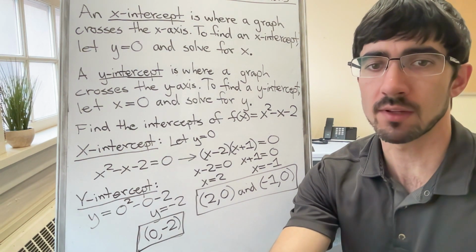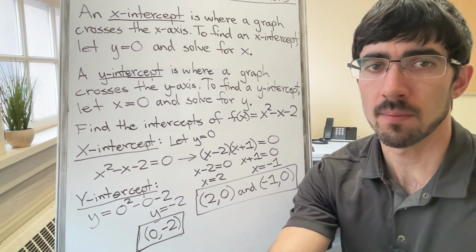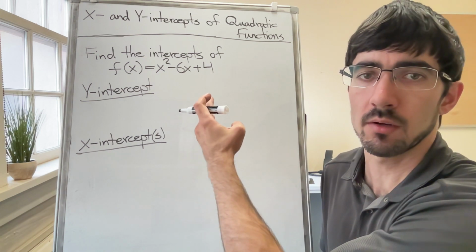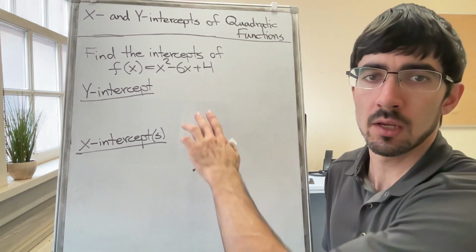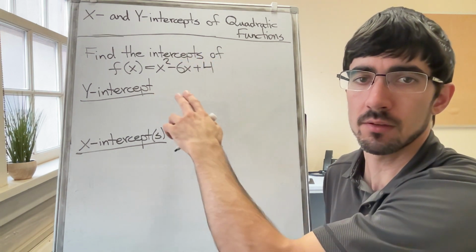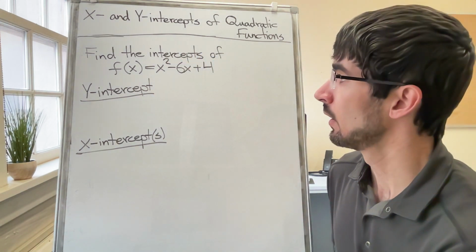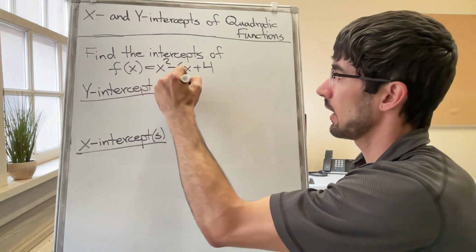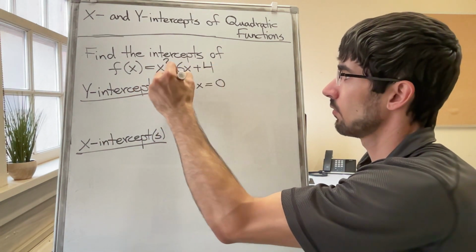Let's look at one more example of finding intercepts. We want to find the intercepts of f of x equals x squared minus 6x plus 4. In an earlier video, we sketched some of the other properties of this quadratic function. I'm starting with the y-intercept just because that's a little easier. We let x equal 0 and we solve for y.